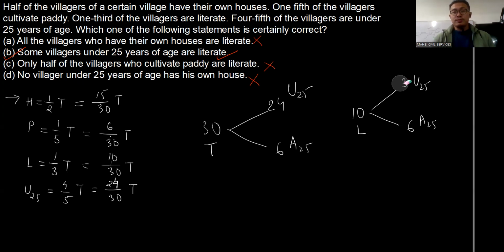Remaining mari do under 25 ta like laktabi yaroidabnina, some villagers under 25 years of age are literate have si yaeba gyan tai.